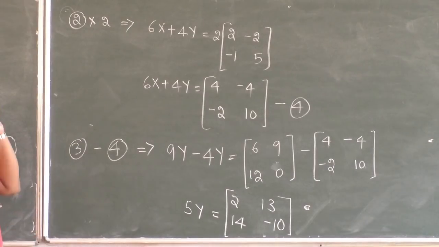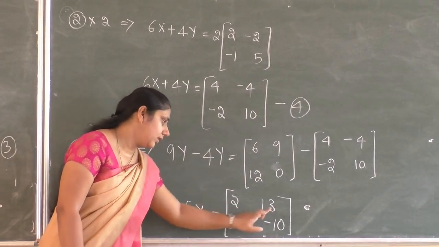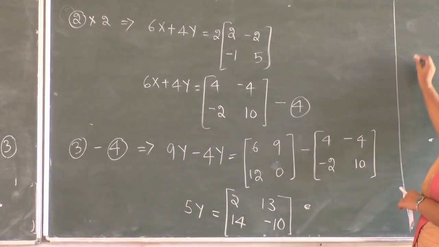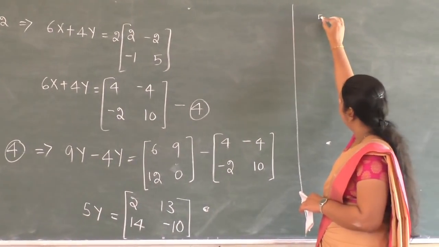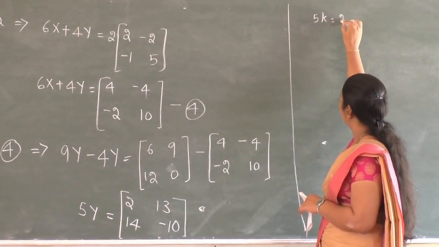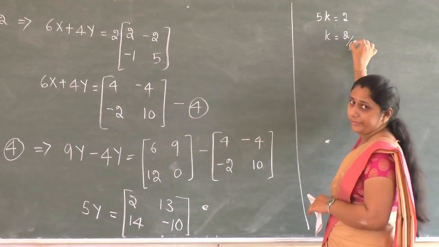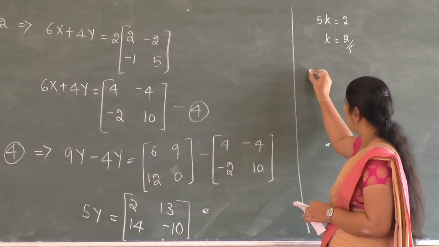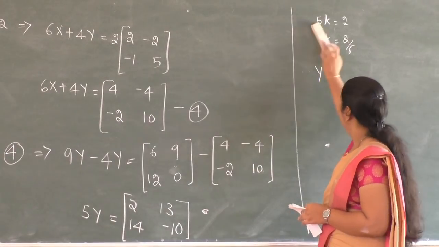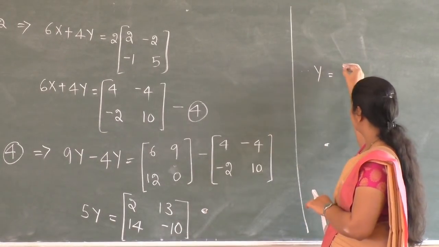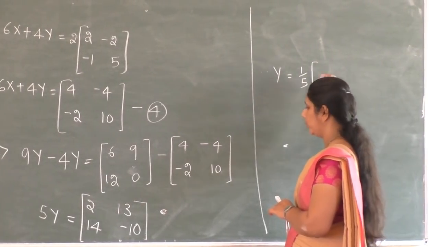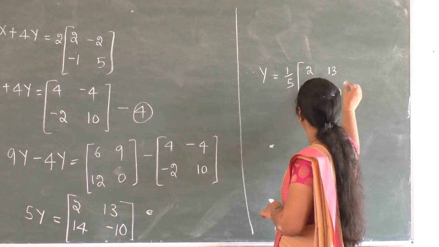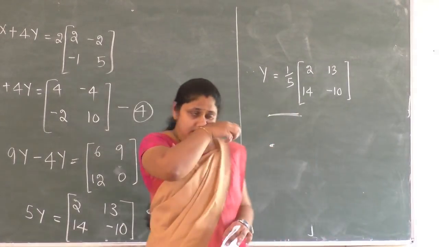So this is 5y equal to the matrix 2, 13, 14, minus 10. Having 5y equal to a matrix, you can write y by taking the 5 to this side, that is 1 by 5 into the matrix 2, 13, 14, minus 10. So this is matrix y.